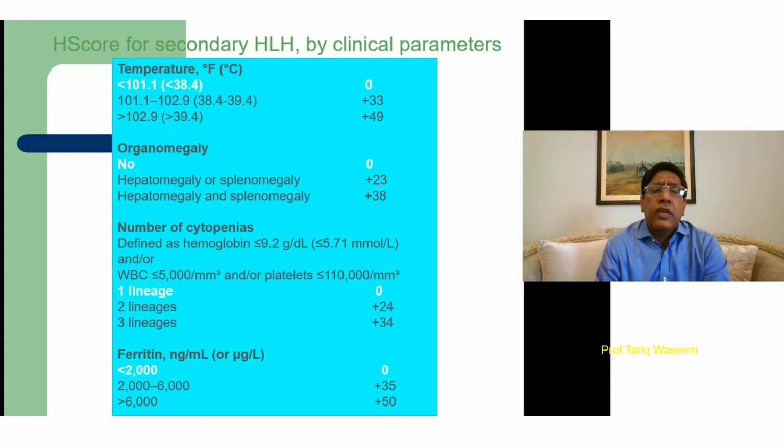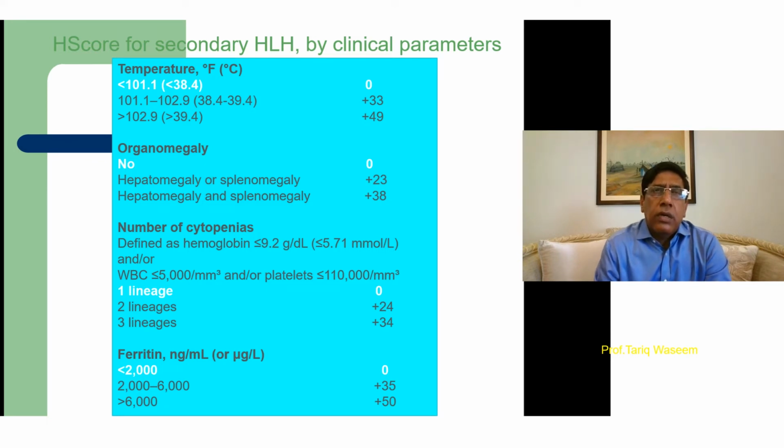But if there is either hepatomegaly or splenomegaly, the score is plus 23. But if you have both, liver and spleen both enlarged, because these are the organs involved with the defense systems and the immune systems and the production of various activated cells and various proteins, so in any inflammatory response they tend to get enlarged, the score would be plus 38.